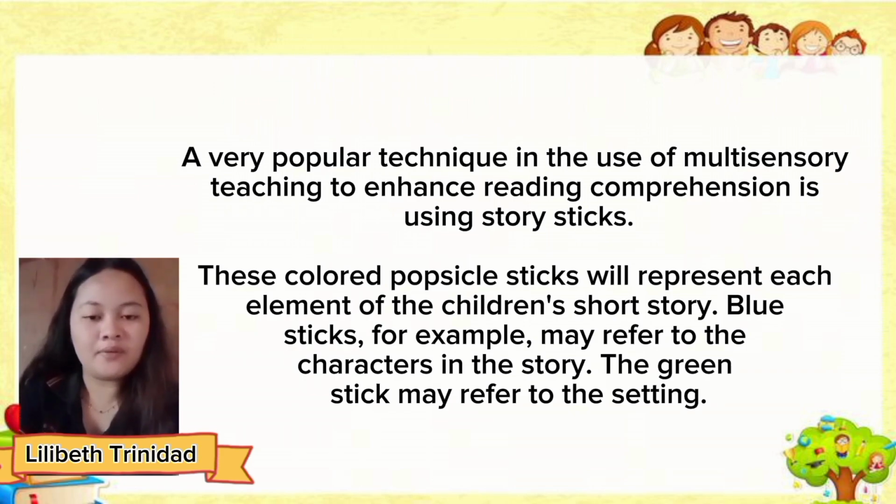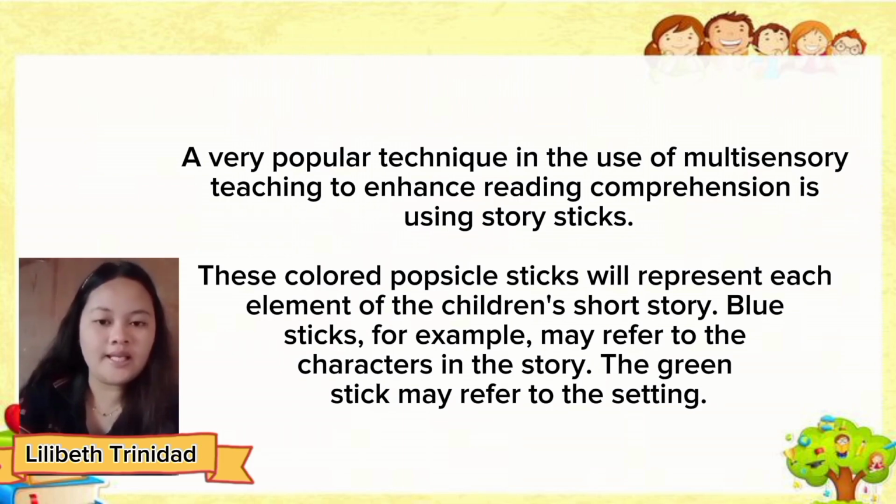A blue stick, for example, may refer to the characters in the story. Then the green stick may refer to the setting, and the learners can exchange the sticks and listen to one another while they answer the questions. The kids can also be given activities to color or highlight the major elements.